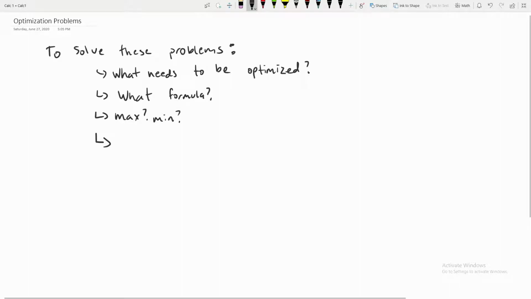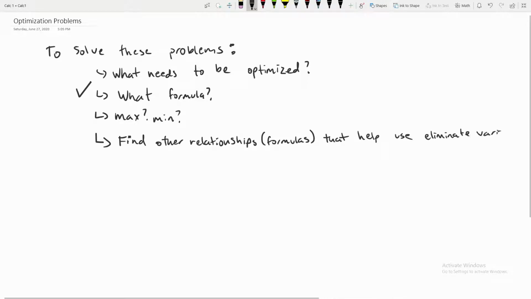After we have figured out these prerequisites for the problem, we want to find other relationships that can help us eliminate variables in this formula right here. And lastly, we are going to find the derivative and find the local mins or maxes, whatever is needed.